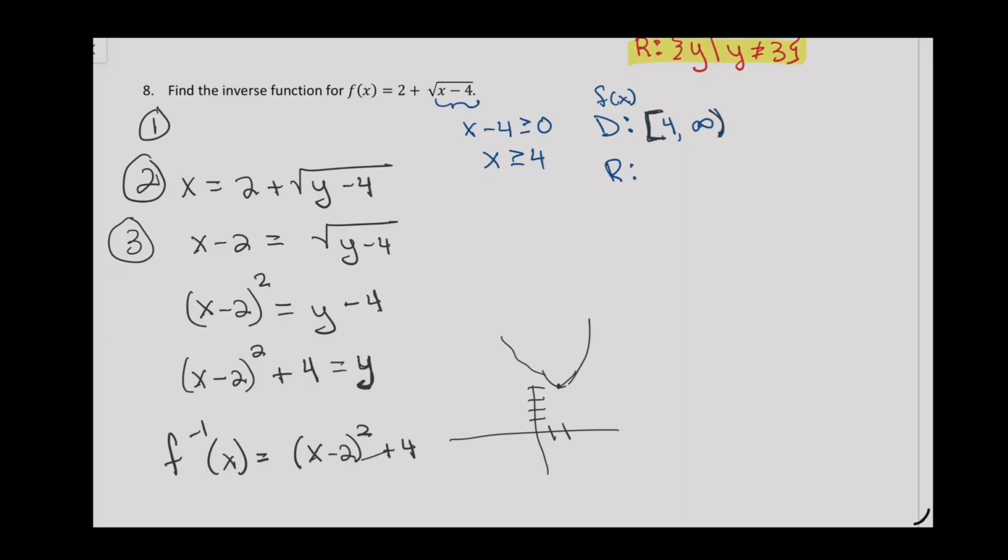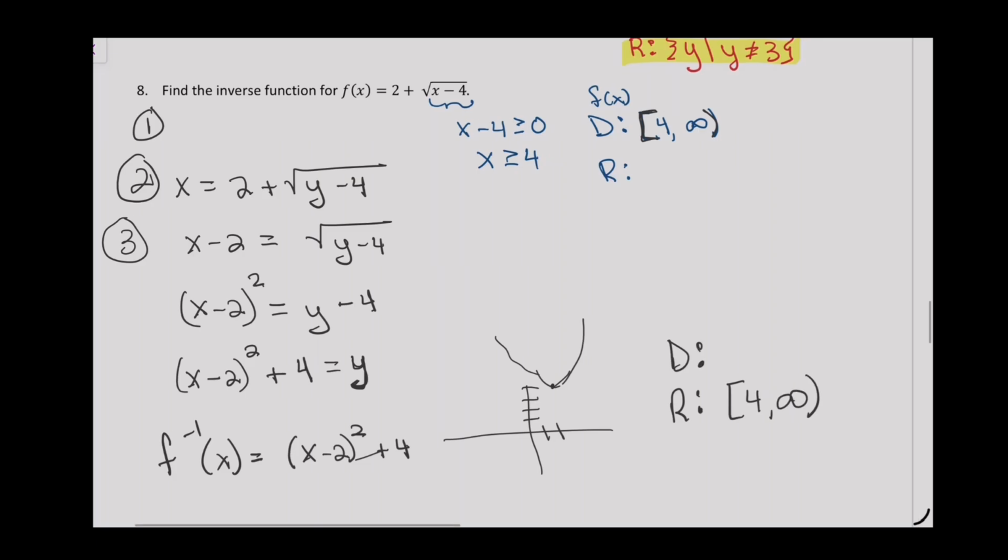Because it's saying that the x values of the original function go from 4 to infinity. Well, that's the range of our inverse. Okay? I need to focus my attention on the domain of the inverse because that's the same as the range of the function.